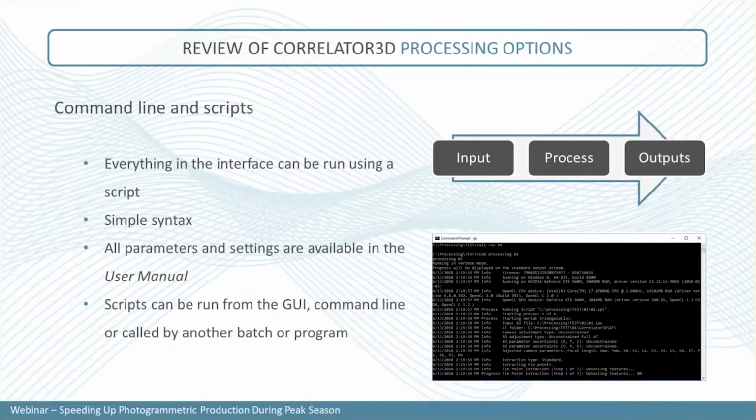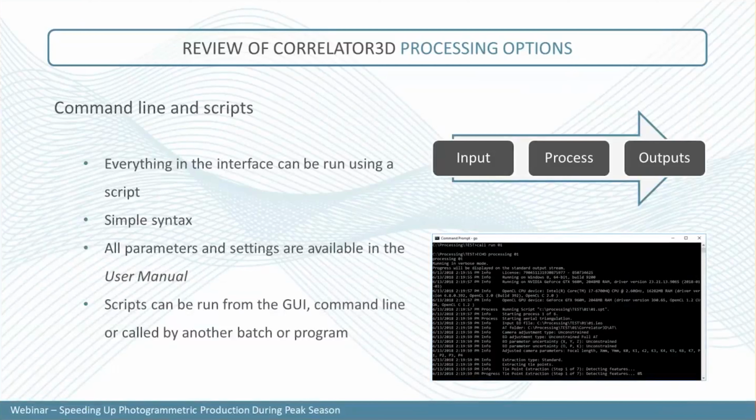Finally, the last step of processing data in Correlator 3D, which is a bit more advanced, is the command prompt and the scripting tools. So basically, everything that you see in the GUI interface, or almost everything that you see in the interface, can be run within the command prompt.